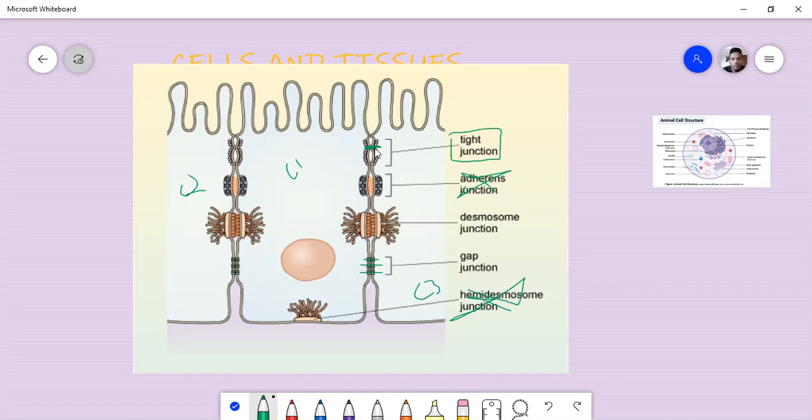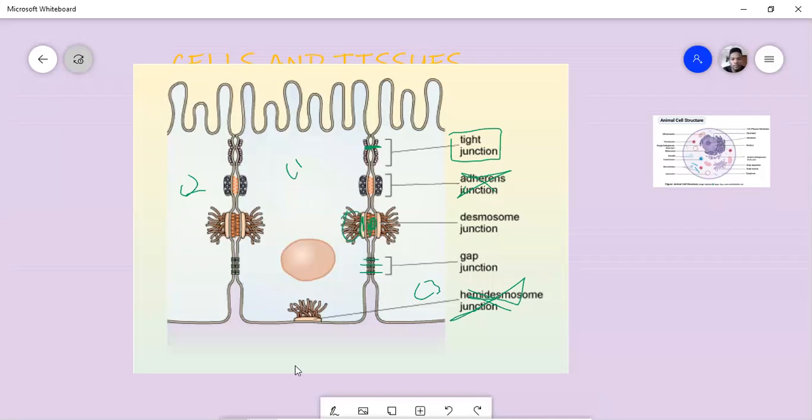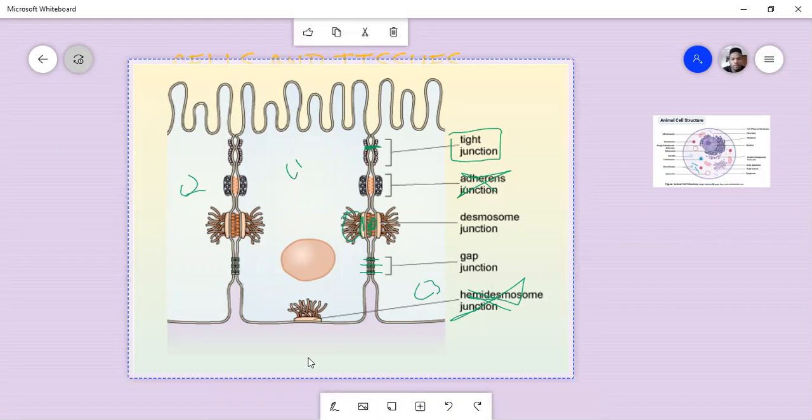The tight junctions are like a zip, you see, like here. And then your desmosomes, these are the plugs that I told you about. And these in between are your cadherins. These are the filaments. Are you guys clear? Because I'm deleting this picture.